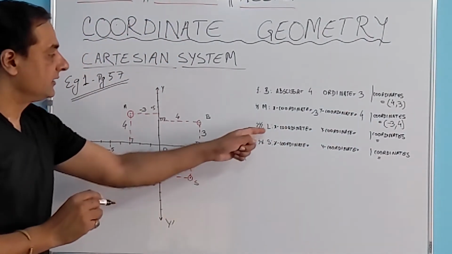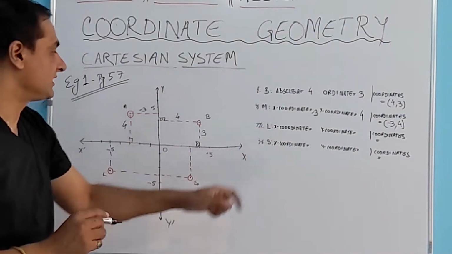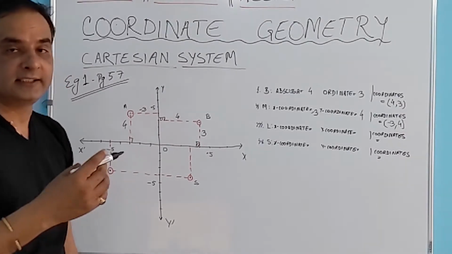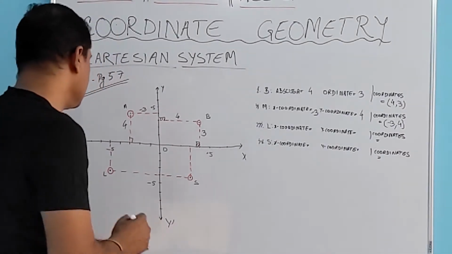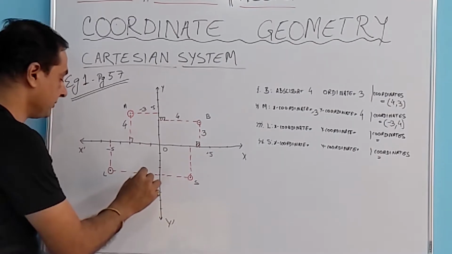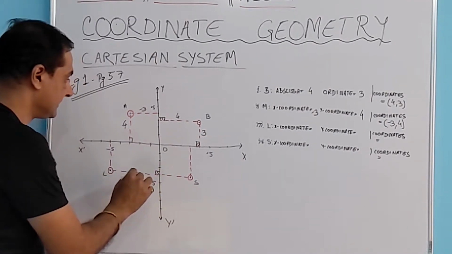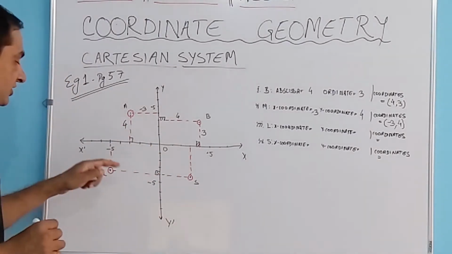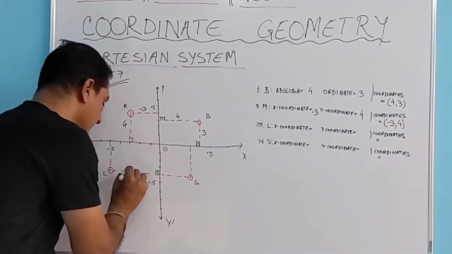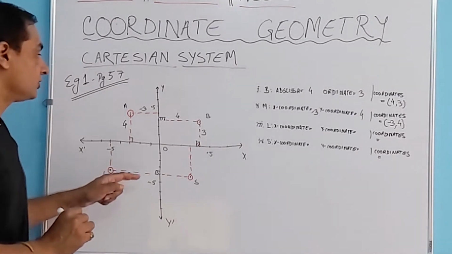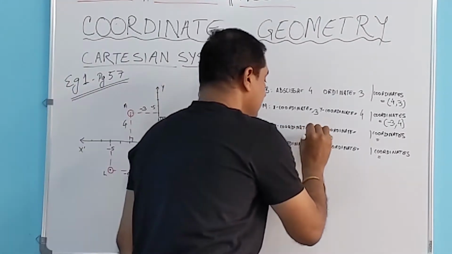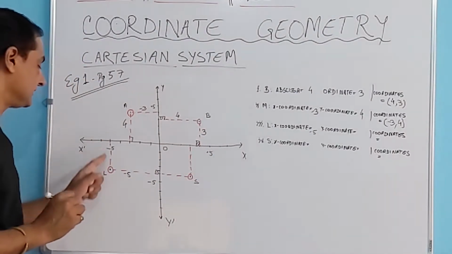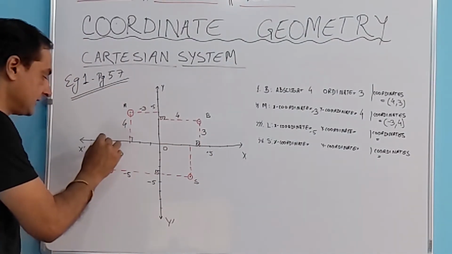Now the third question, for point L: we need to find the x coordinate and the y coordinate, and then write the coordinates of the point. For L, the x coordinate is the perpendicular distance from the y-axis, which comes out to be 5, but since it is in the negative direction, it is -5. So we write x coordinate is minus 5. If you look at the y coordinate for L, it's the perpendicular distance from the x-axis.